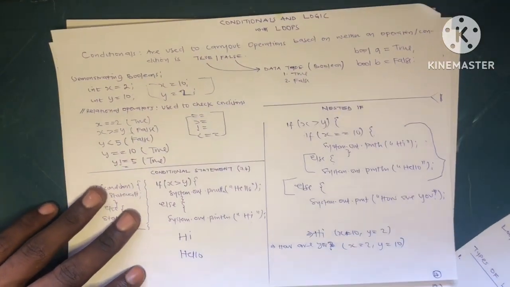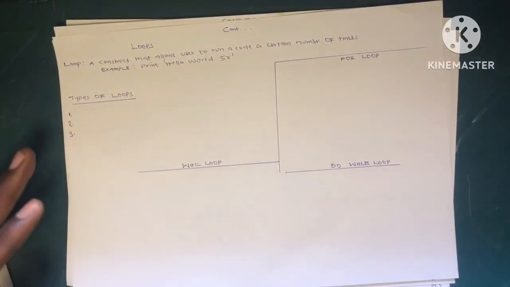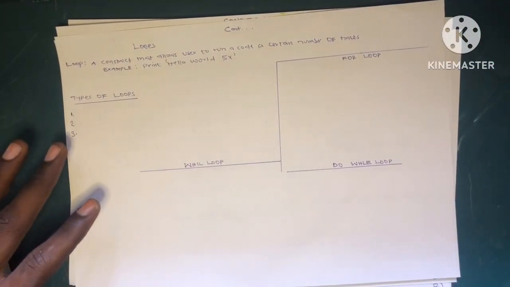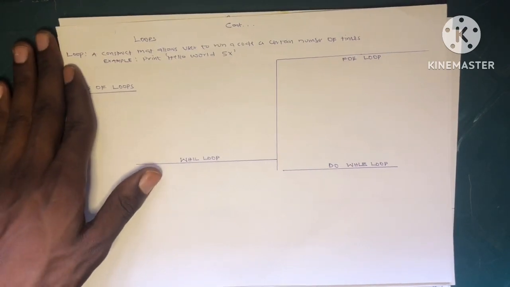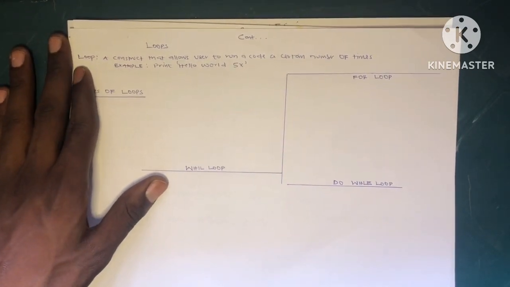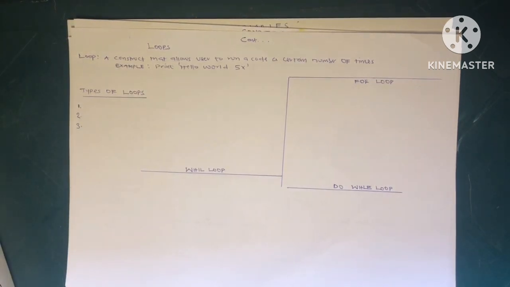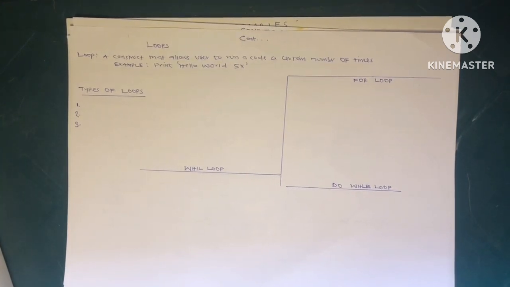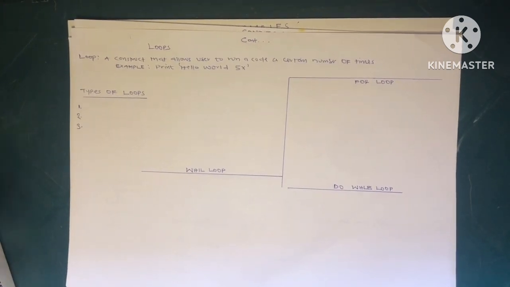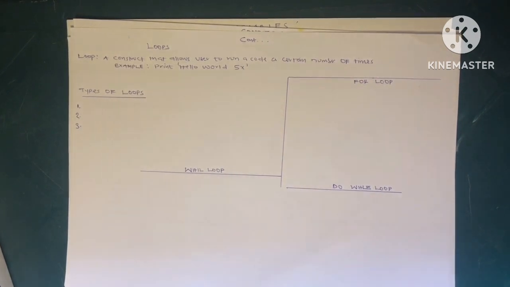So let's take on loops. What is a loop? If you read the beginning of the handout, probably the first 3 chapters, you should understand what loops are. Loops allow you to execute a statement, or your code, multiple times. Let's say you want to print hello world 5 times.